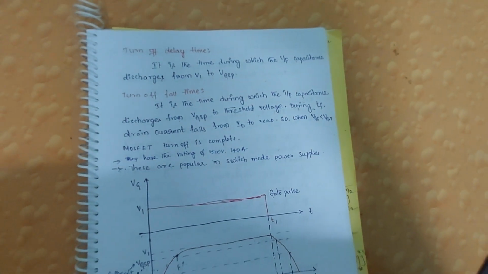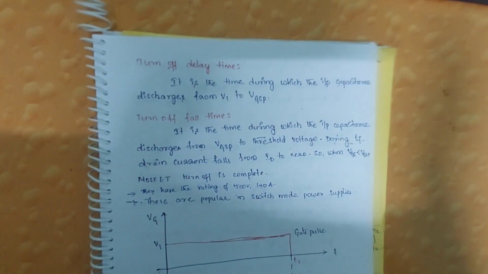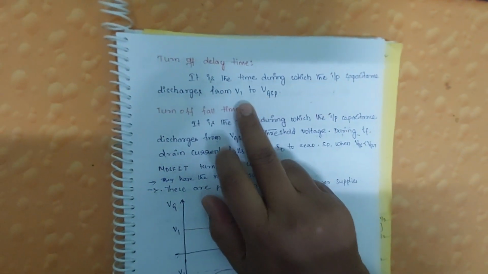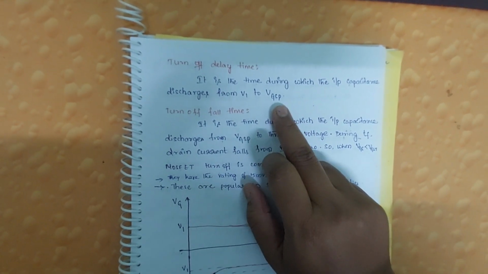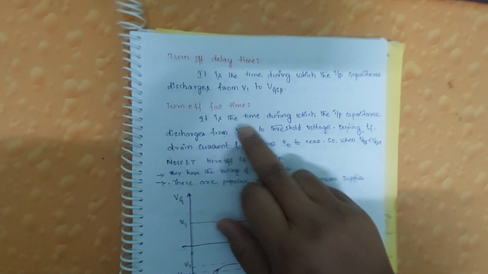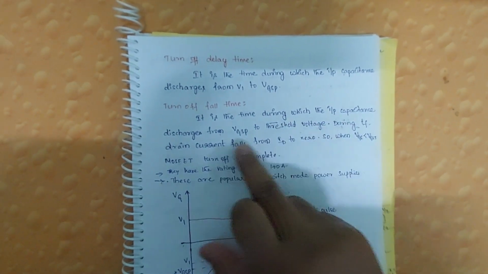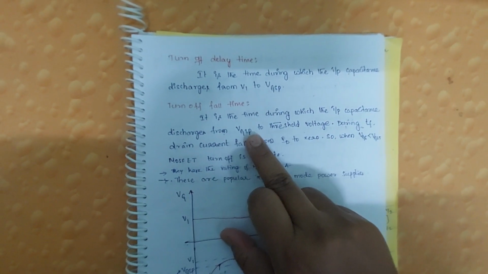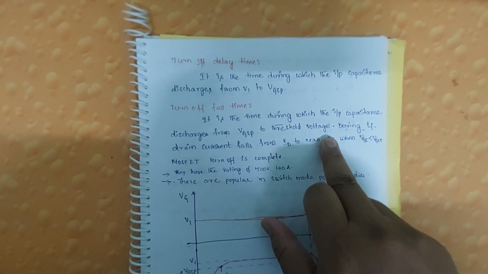The turn off delay time is the time during which the input capacitance discharges from the voltage V1 to VGSP, and the turn off fall time is the time during which the input capacitance discharges from VGSP to the threshold voltage.